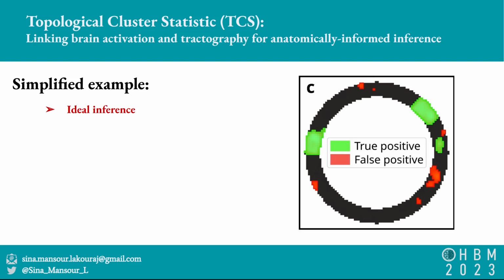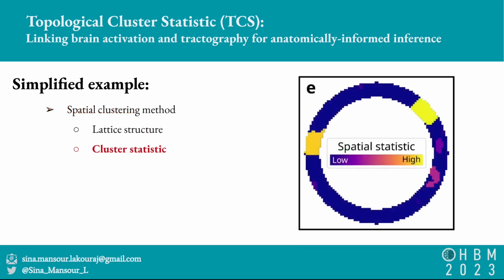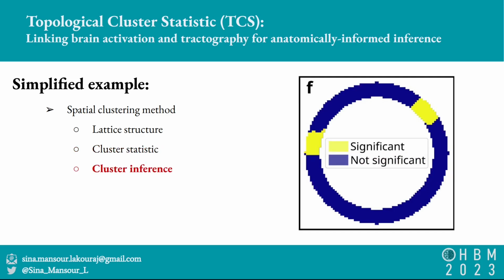So a traditional cluster inference approach would count the number of significant pixels within each cluster, and that would indicate the likelihood of that being a significant result. So we can see that two larger regions of activity would be detected as significant. However, this approach would miss the smaller region of activity and ignore it as noise.